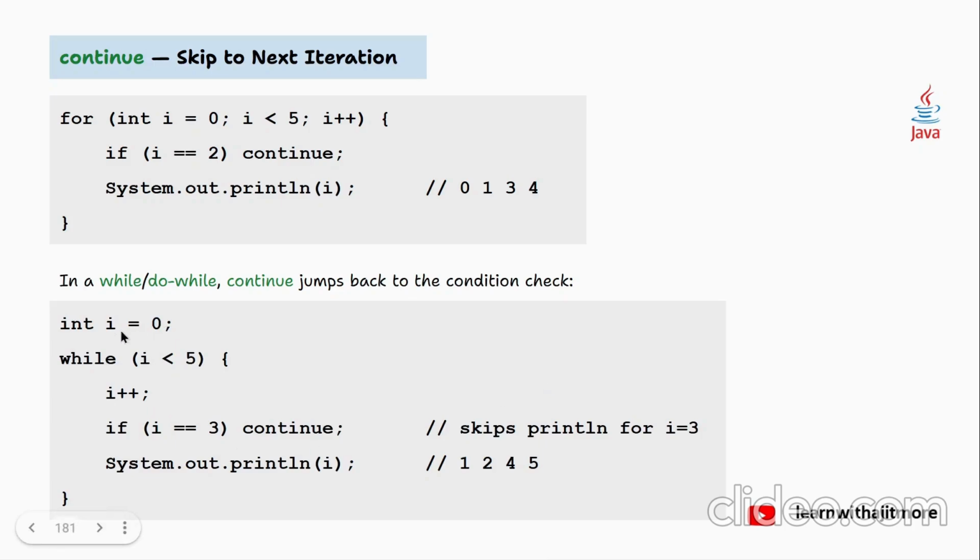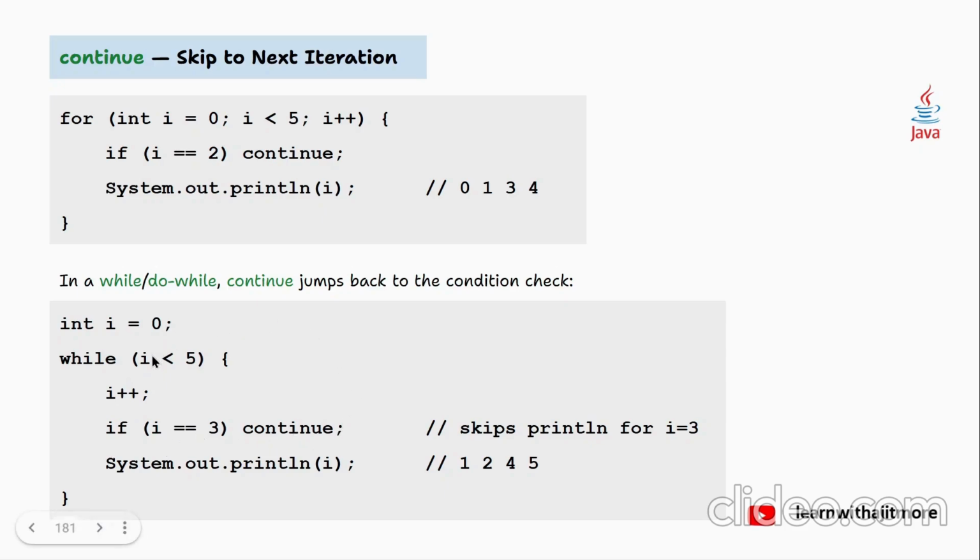See, I'm using a while loop. I equal to 0. Is 0 less than 5? Yes. Plus plus, 1. Is 1 equal to 3? No. Print 1. Again check. Is 1 less than 5? Yes. Make it 2. Is 2 equal to 3? No. Print 2. Is 2 less than 5? Yes. Make it 3. Is 3 equal to 3? Yes.